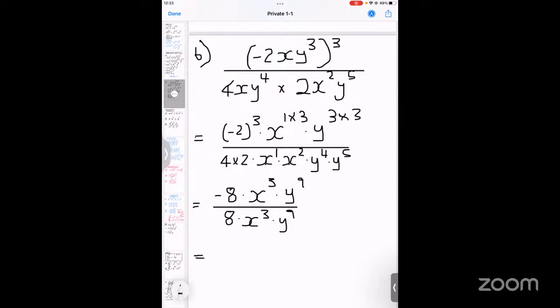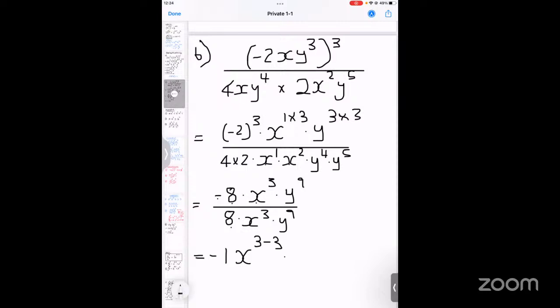So now you can see something here. We have a negative 8 divided by 8, which is negative 1. And then you can see you have that x to the exponent 3, then you minus by 3. Remember that other law, I think it's law 2.